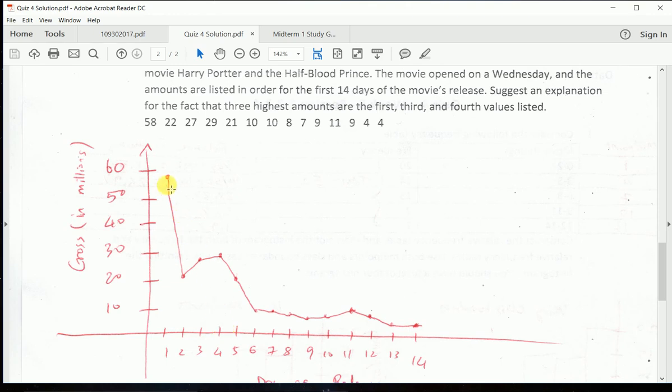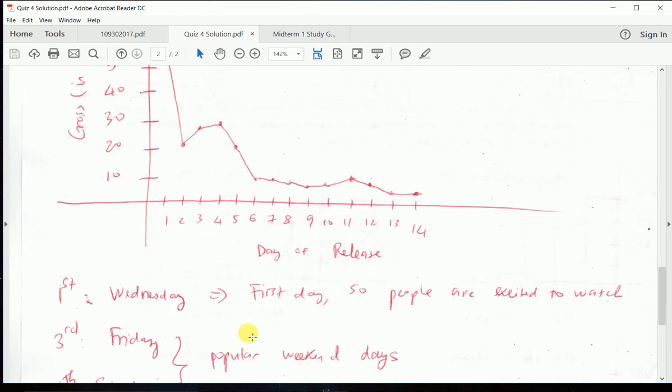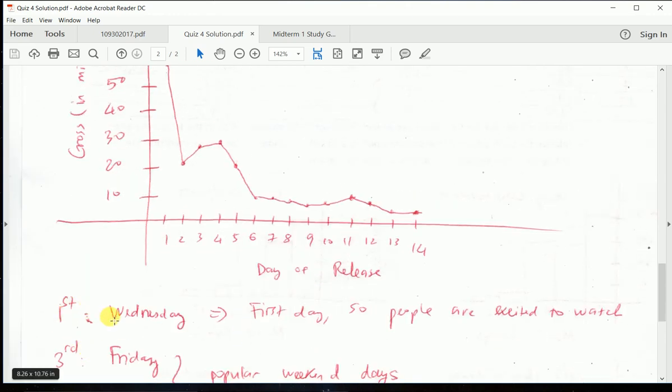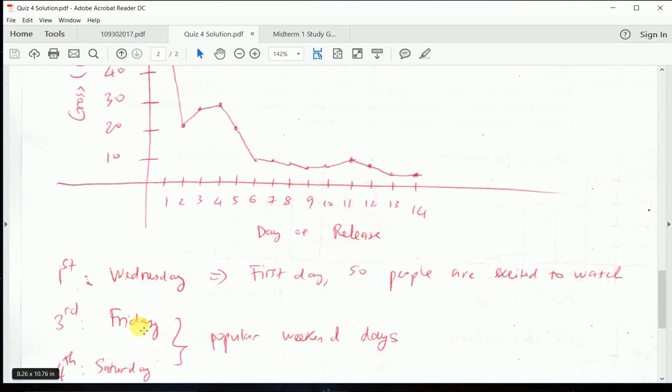Now the reason that we have the peak for the first day and the third day and the fourth day is because the first day is the Wednesday, and you know that on the day the movie is released, people are excited to watch the new movie, so they tend to watch a lot during the first day. Now the second day on Thursday, I don't think people will watch a lot of movies.